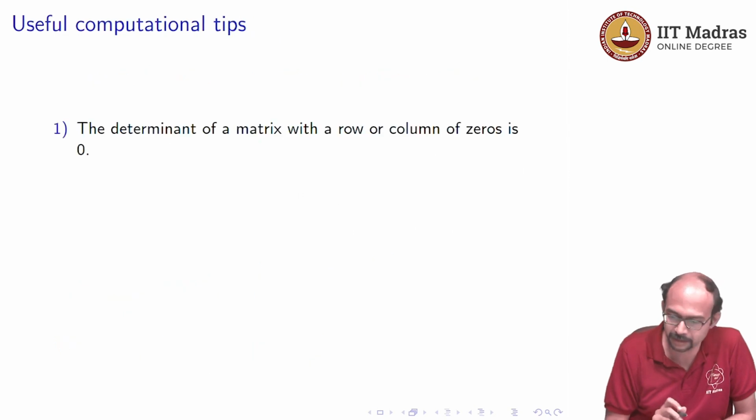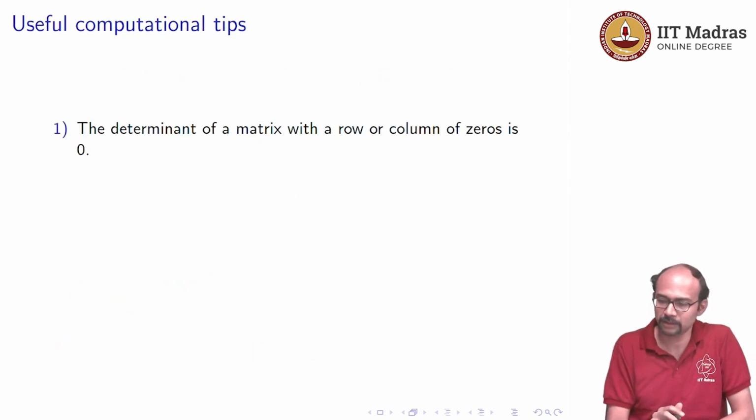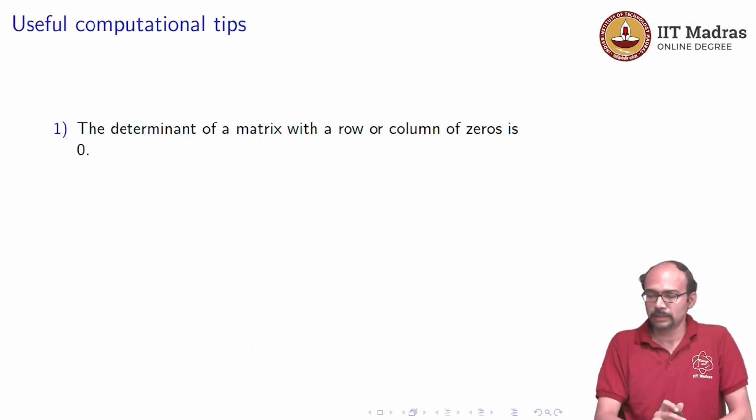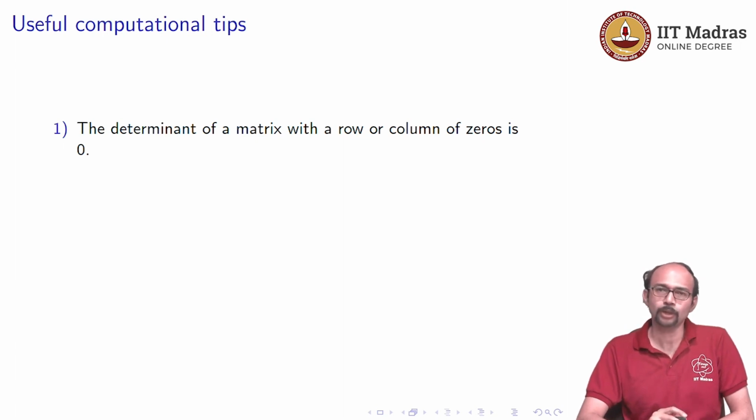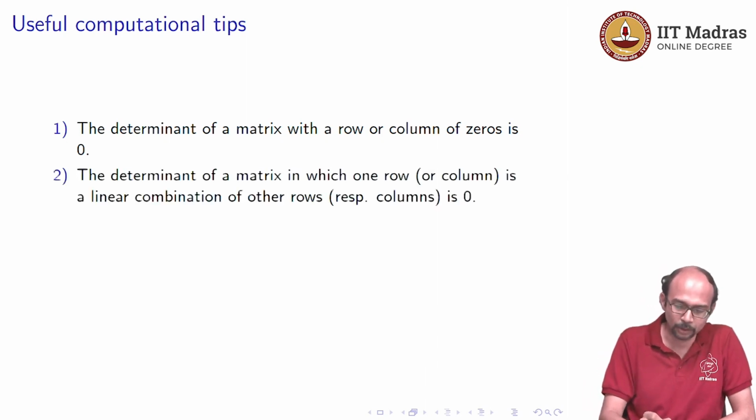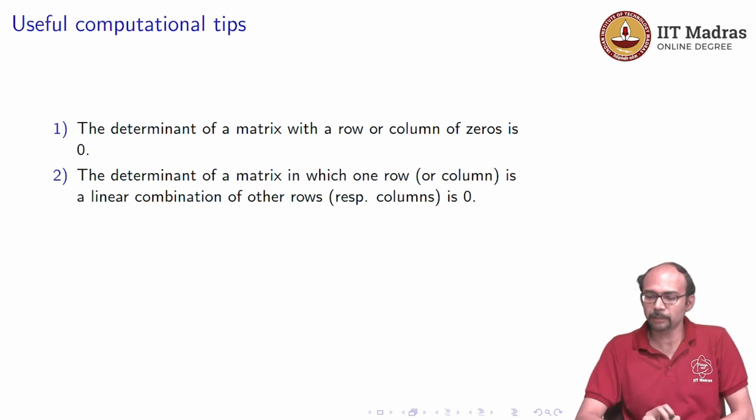Okay, so finally let me end with some computational tips. If you have a 0 row or a 0 column in a matrix, then the determinant is 0. How do you get this? You expand along that particular row or column. The determinant of a matrix in which one row or column is a linear combination of the other rows, respectively columns, is 0.